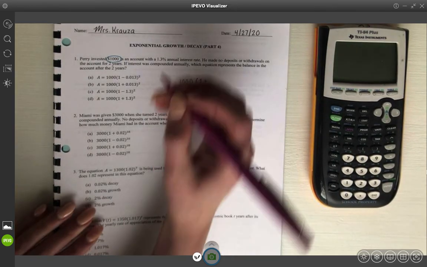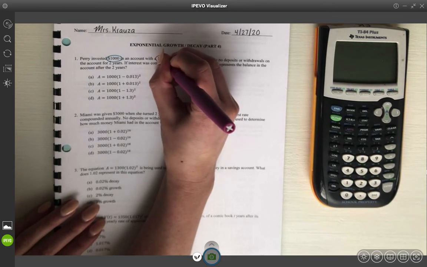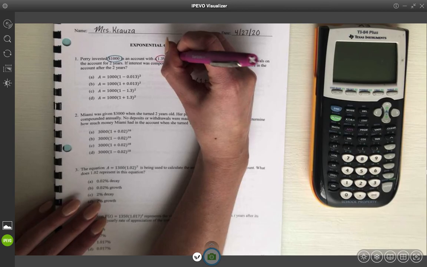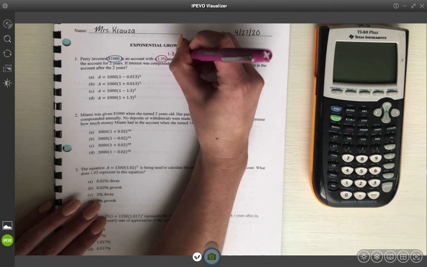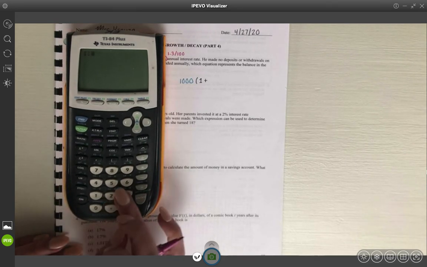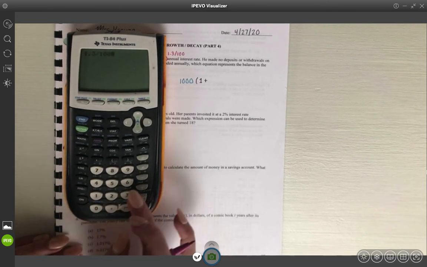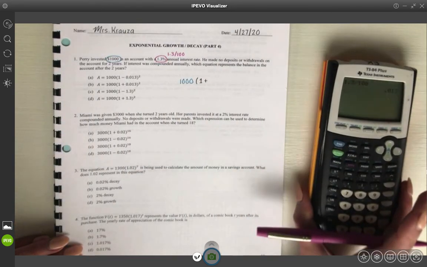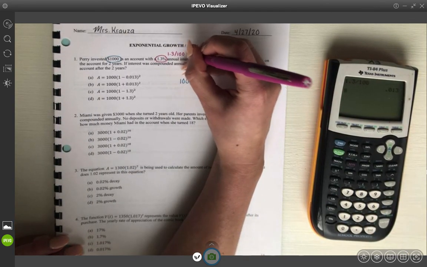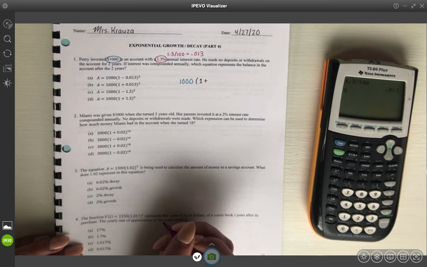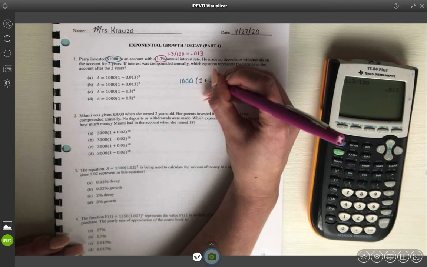Next, we take a look at our percentage, 1.3%. We need to take that percent and divide it by 100. 1.3 divided by 100 is 0.013. So that's what we're going to write next.